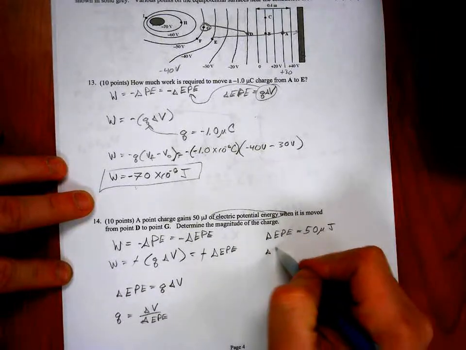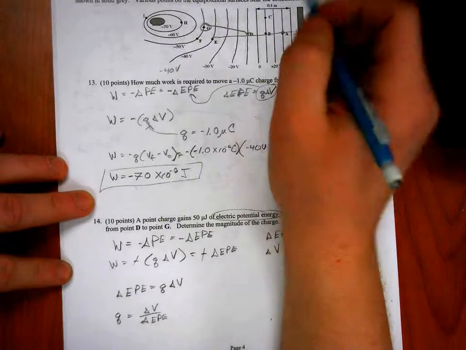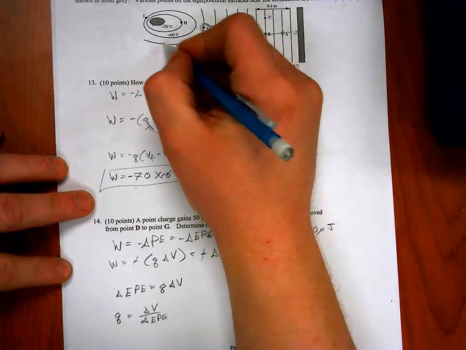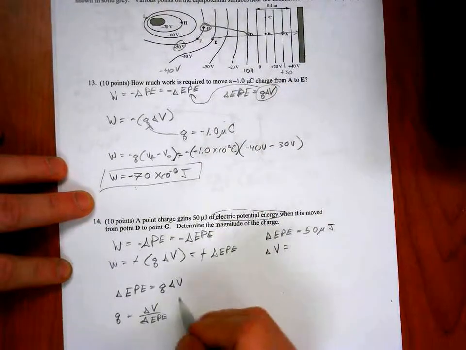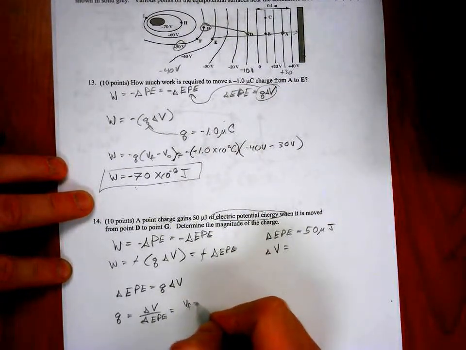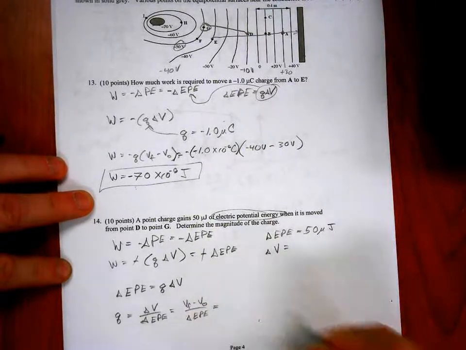And the change in voltage is equal to, well, let's see, we're going from D to G, so that is negative 10 volts to negative 50 volts. Actually, I'll just go ahead and write it out as V final minus V initial over delta EPE, just to make sure I don't miss any signs here.